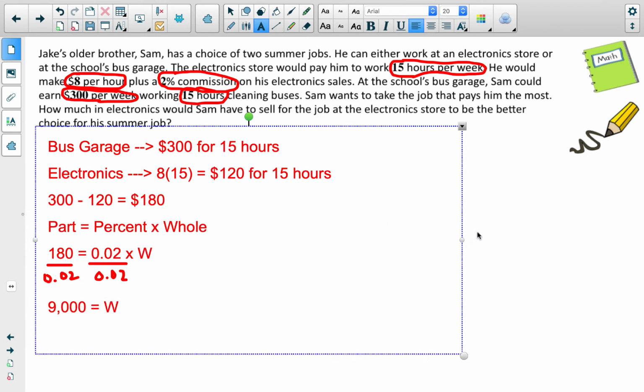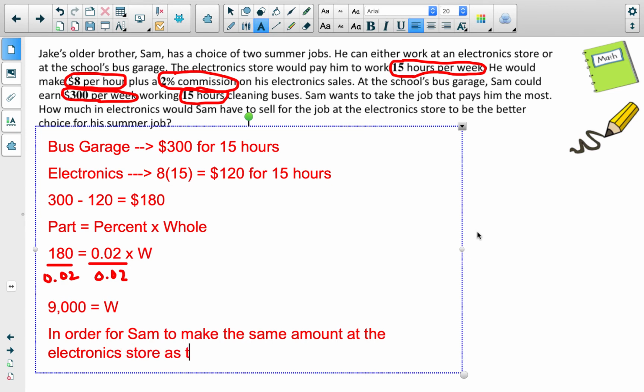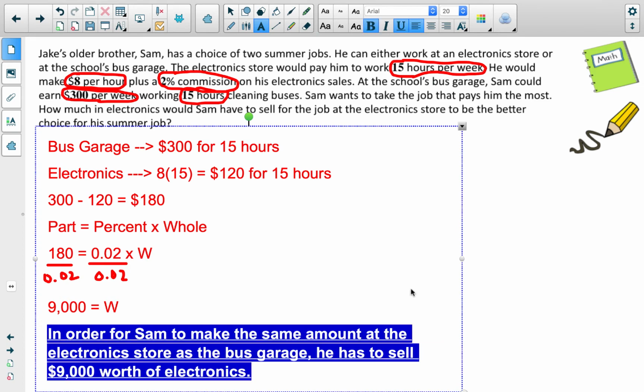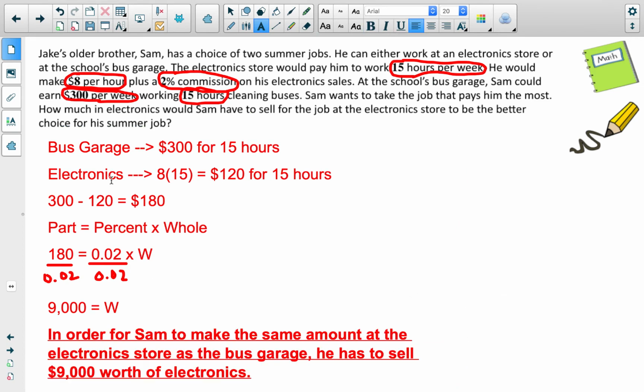What does that mean? In order for Sam to make the same amount at the electronics store as at the bus garage, he has to sell $9,000 worth of electronics. Now, if he sells more than that, he'll make more money at the electronics store.